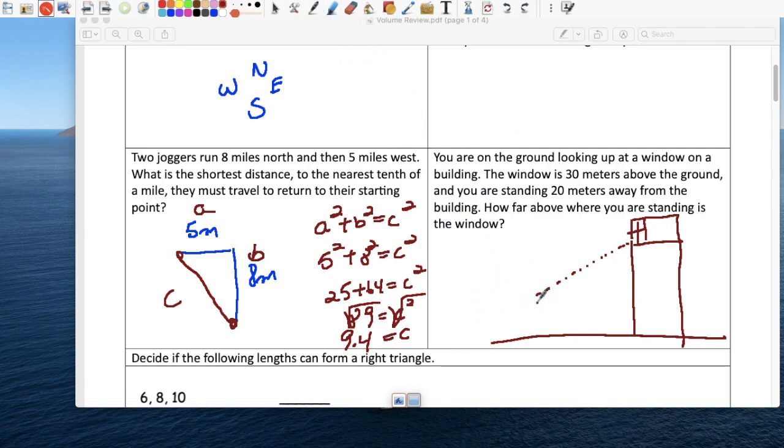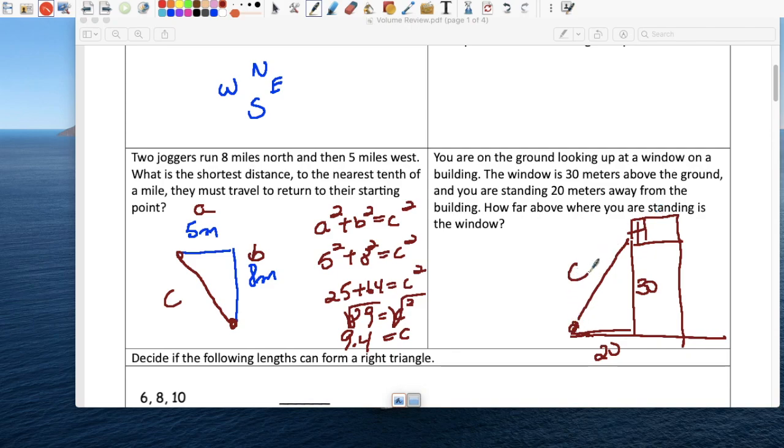There's you, and you're looking. And the window's 30 meters above the ground, which is this. So this is 30. You're standing 20 meters, a little bit more to scale, so let's put you over here. You're looking at the window. This is 20. How far above where you're standing is the window?